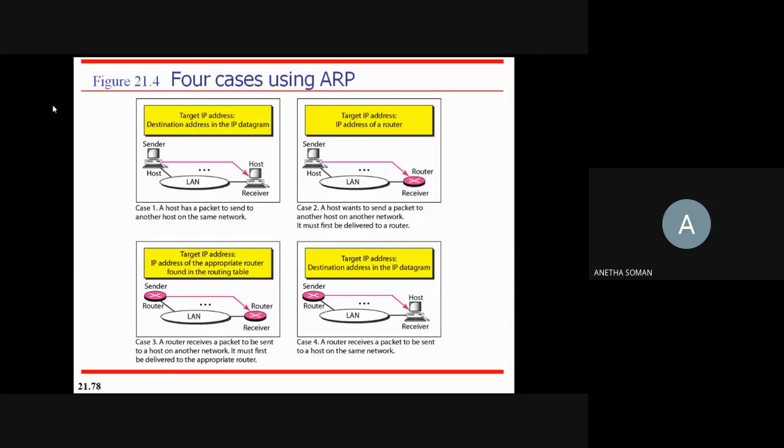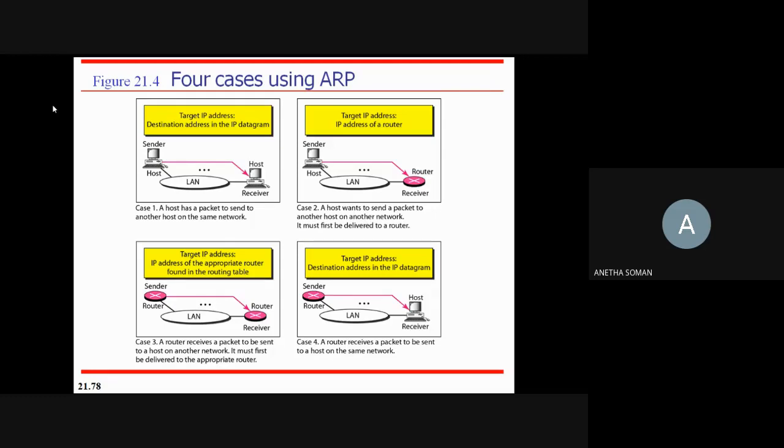Now case 2: a host wants to send a packet to another host on another network. If the data is to be delivered to another network, it can only be done through the router. So it must first be delivered to the router, right?